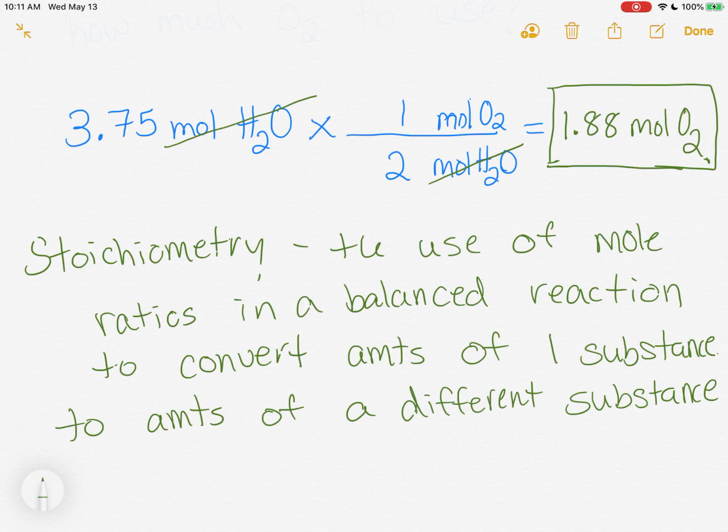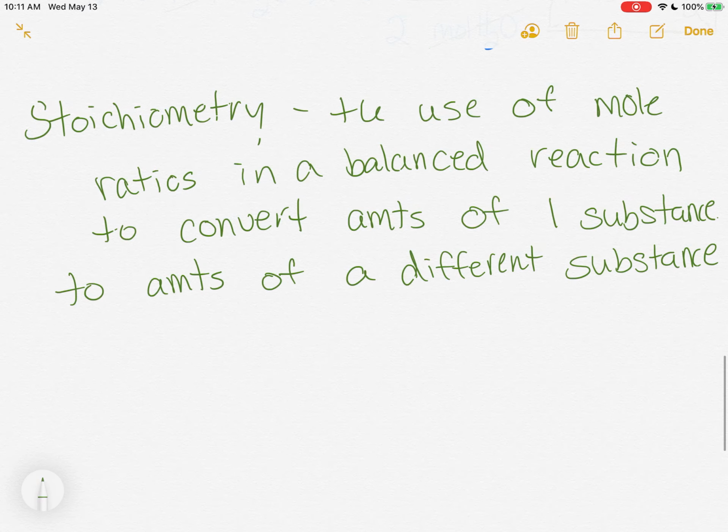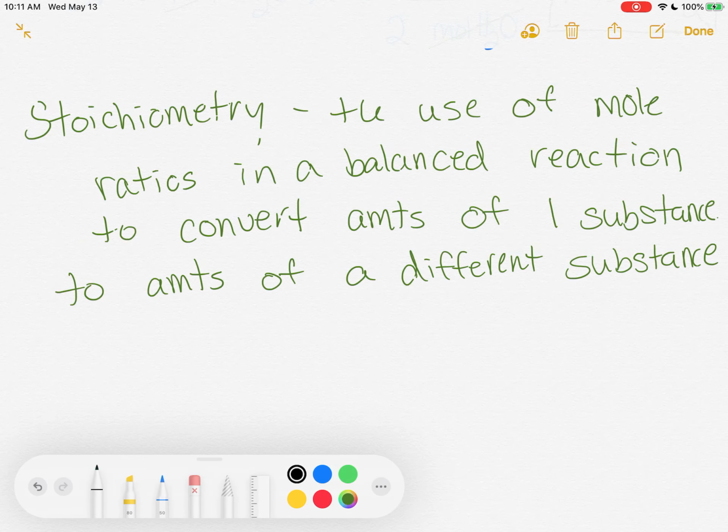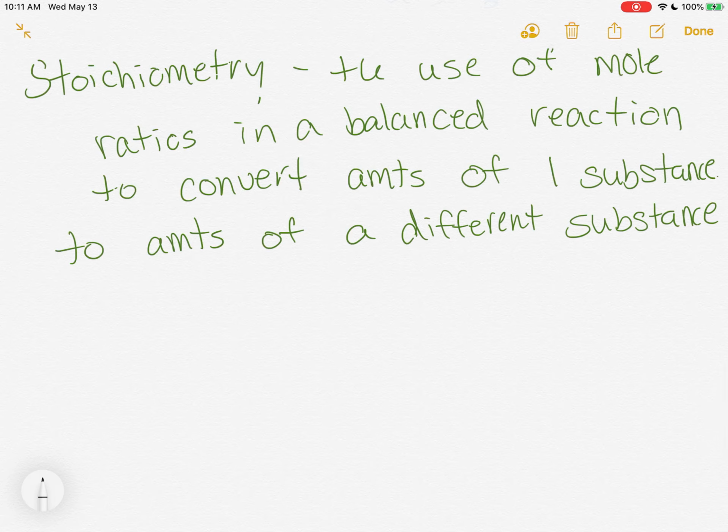So with stoichiometry, we're using that mole ratio in our balanced reaction, and we're just using it to convert from how much of one thing in the reaction we have to how much of another substance in the reaction that we need or that we have. Okay, and so that's what stoichiometry is.